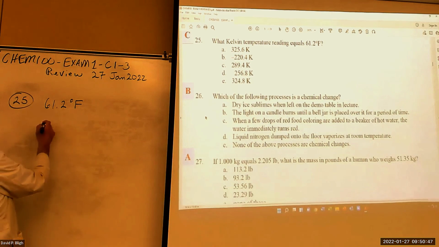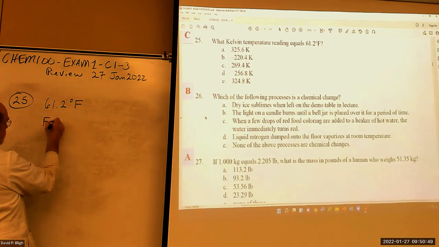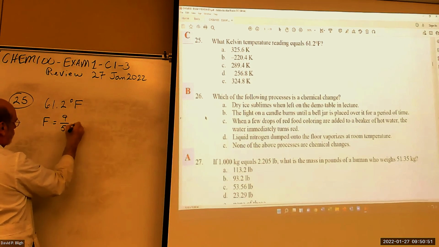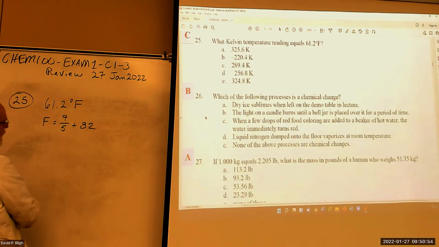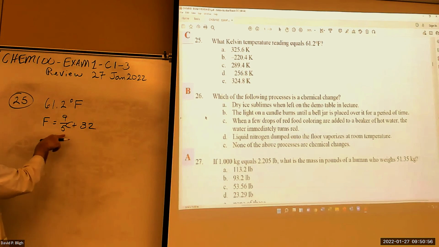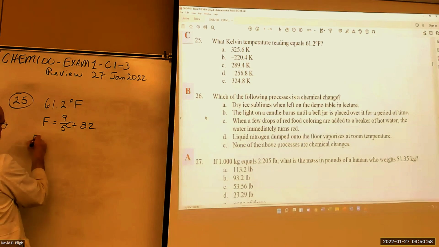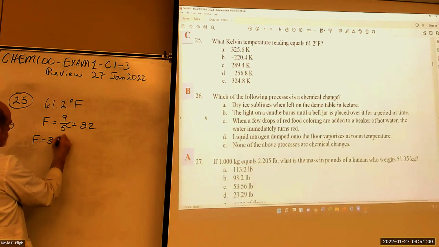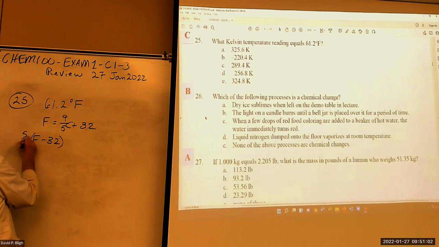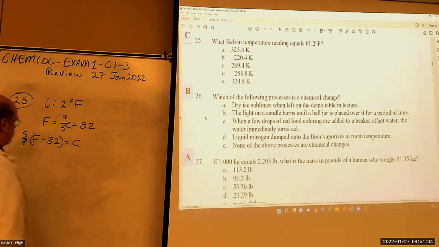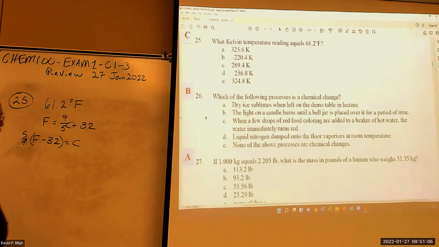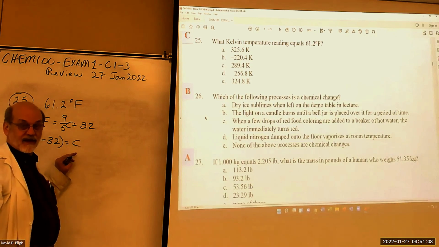So what we need is like that. Solve for Celsius. C equals F minus 32, times 5/9. And then we need to know the relationship between Celsius and Kelvin.